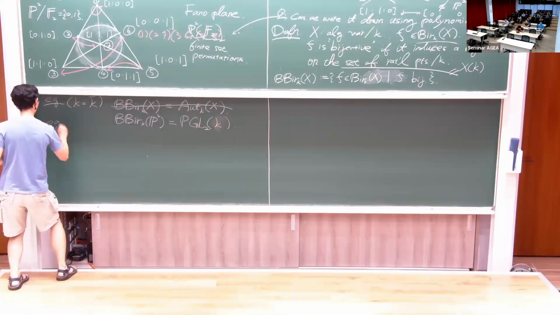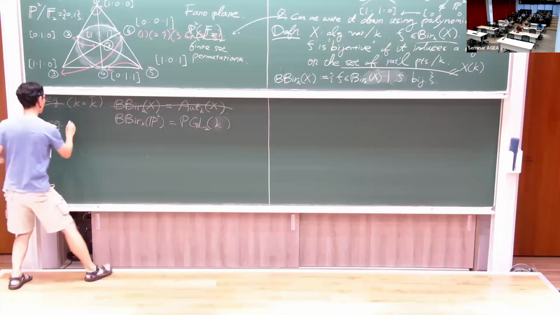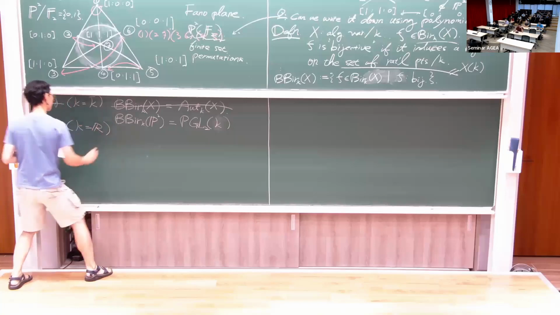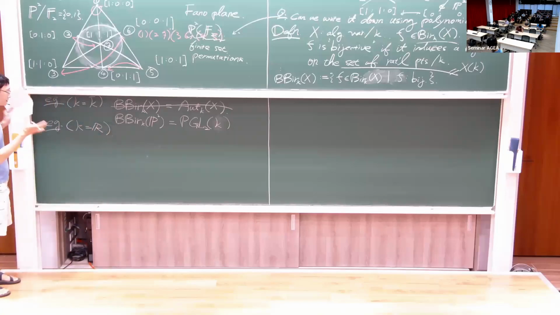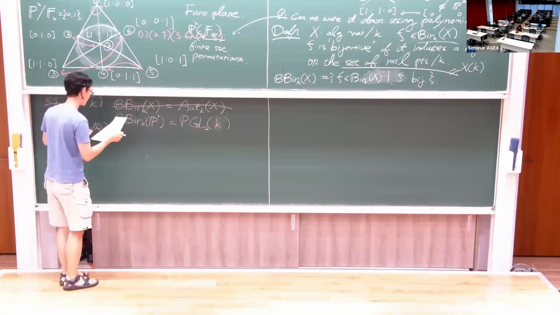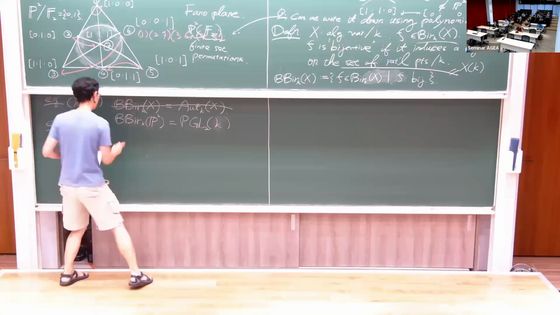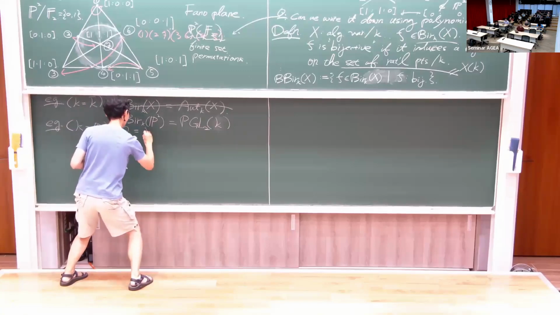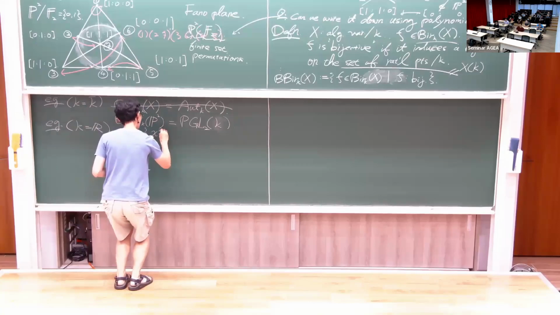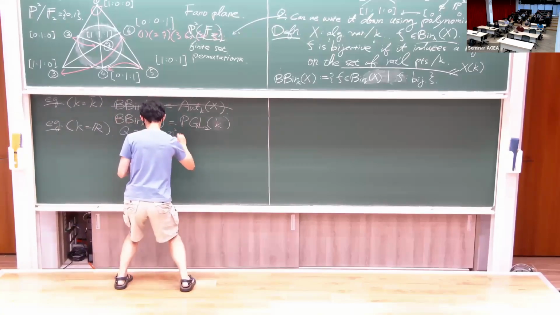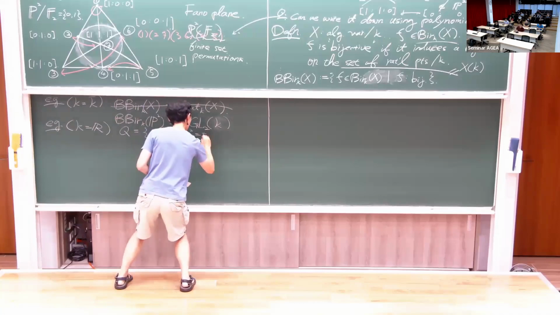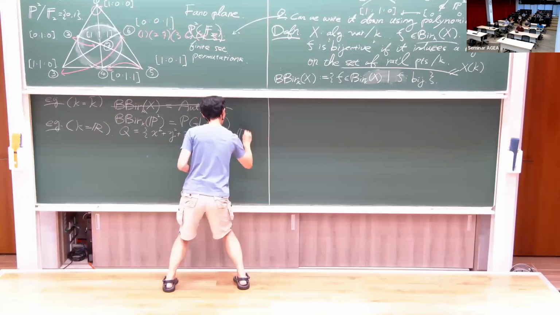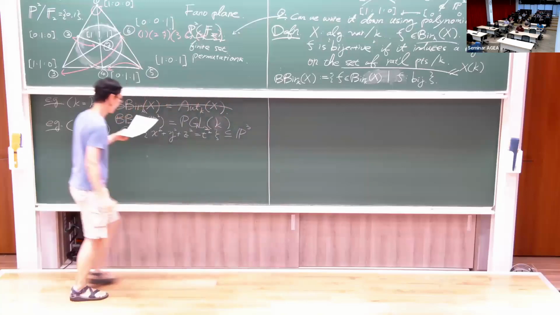Another example is when K is the field of real numbers. There are already some works about this kind of bijective thing. We can think about this quadric defined by x squared plus y squared plus z squared equals t squared inside the projective 3-space.